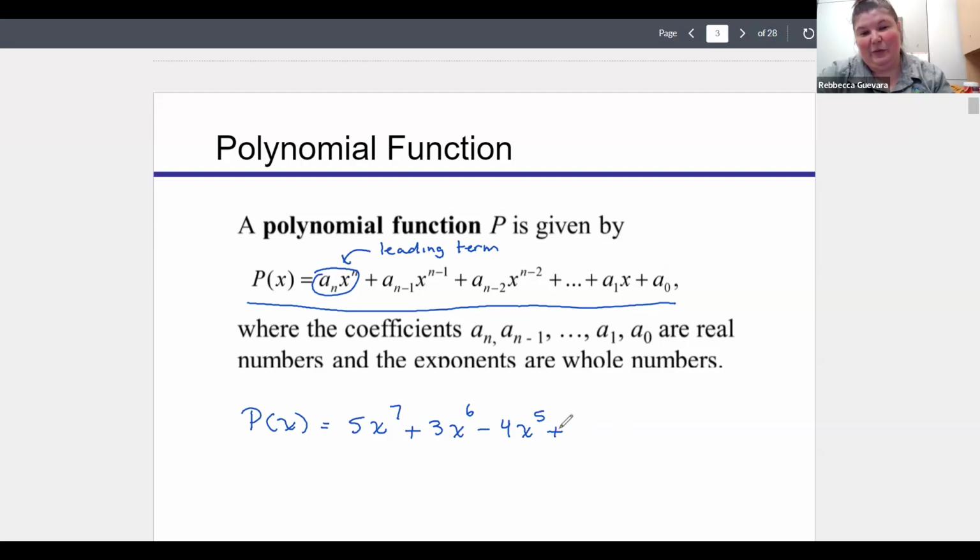You may end up having to skip one, like maybe there isn't an x to the fourth. But ideally it's like this. You keep the powers of the terms going from largest to smallest, so descending in powers. Part of the reason we do that is because then we see this here is my leading term.